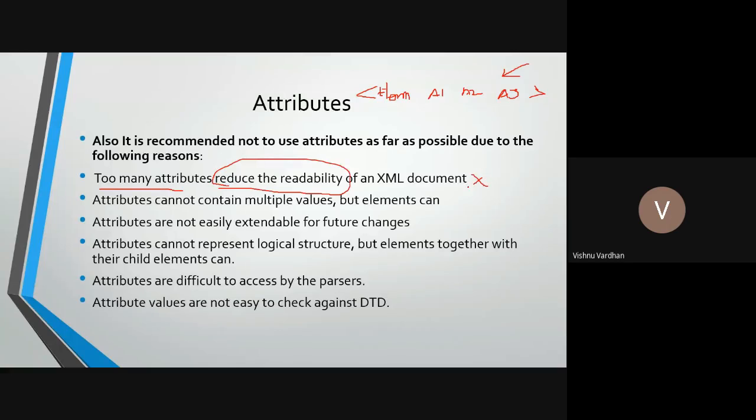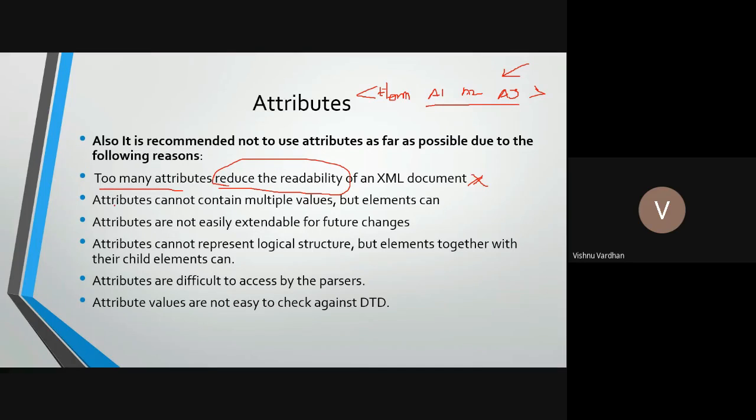That's why it is not recommended. As such, a compiler will never give any error if you provide too many attributes. Like if you take 50 or 100, there is no problem. But try to restrict them so that human readability is maintained, and you are not ultimately bogged down by the complexity of attribute lookups.